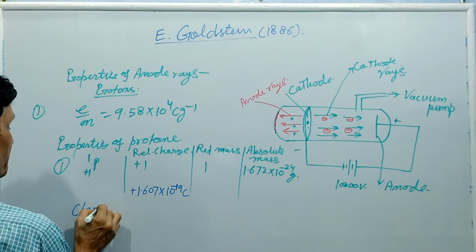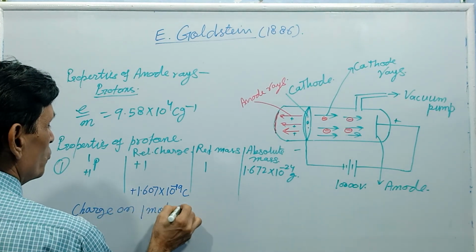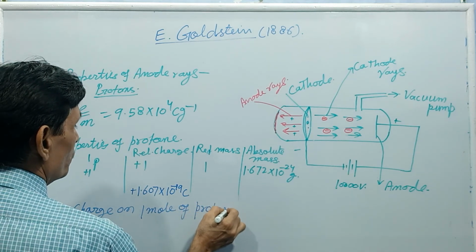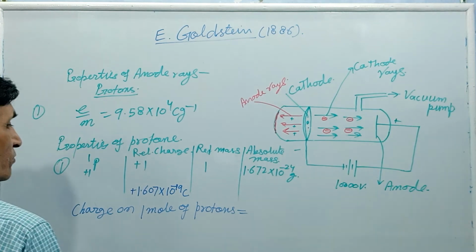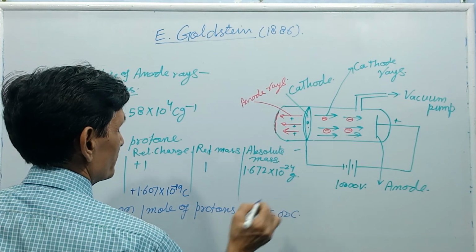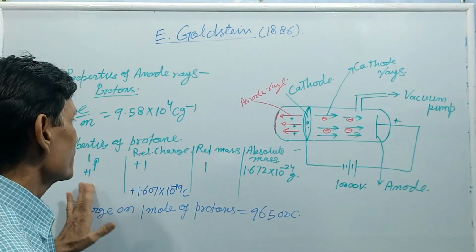Charge on 1 mole of protons is equal to 96,500 coulomb approximately. These are some properties of protons.